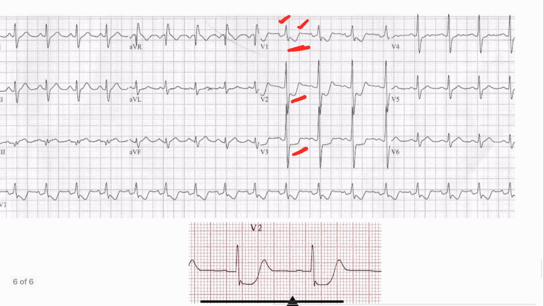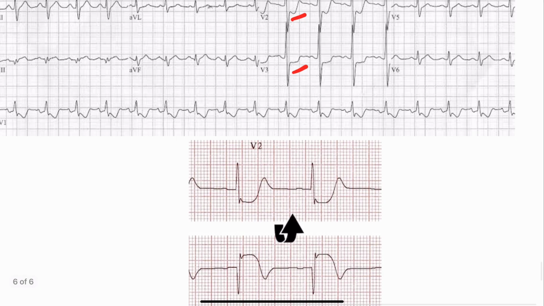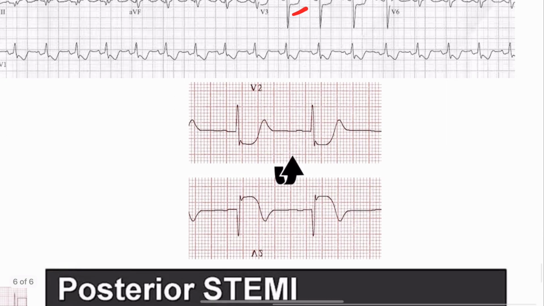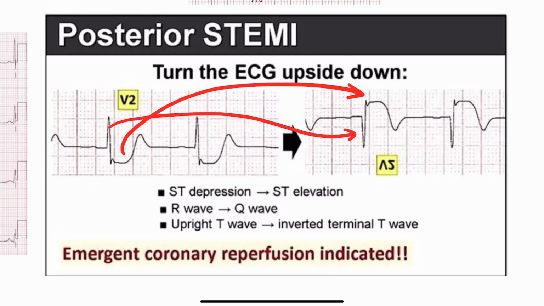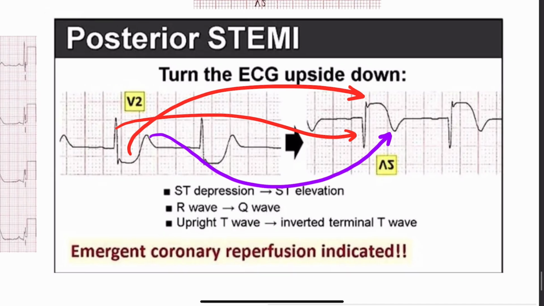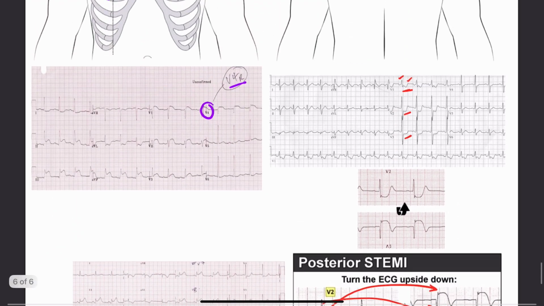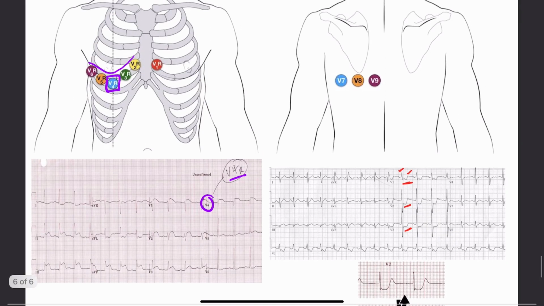Then what do we need to do? We turn the ECG upside down and look at the ECG paper from behind at leads V1, V2 and V3. What happens? This ST depression converts into ST elevation, this positive R wave converts into a pathological Q wave, and this positive T wave converts into T inversion. Then we need to do a posterior ECG, that is, an ECG with posterior leads.